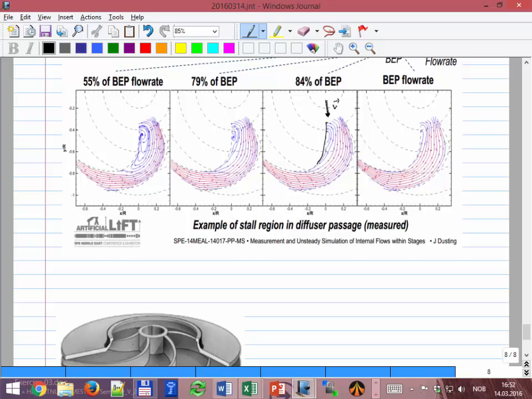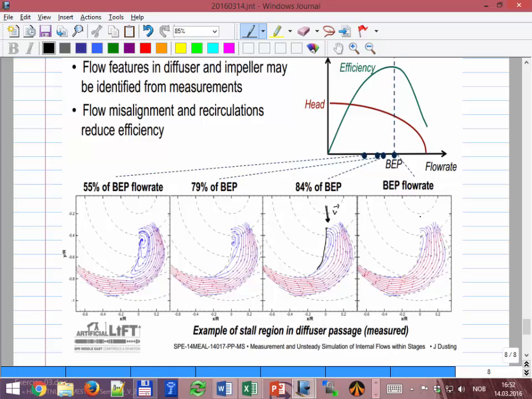So in consequence, initially the fluid is coming like that, but now the fluid begins to deviate because the rate is going down, and you see here this recirculation area. Now the fluid doesn't follow the path straight between the veins, but creates some recirculation between the veins.